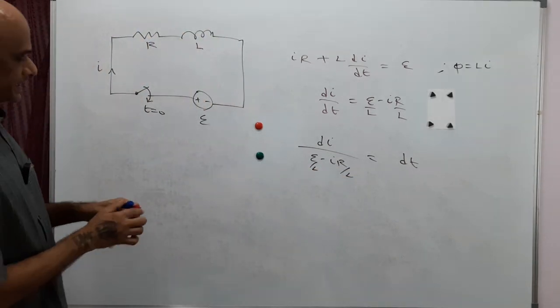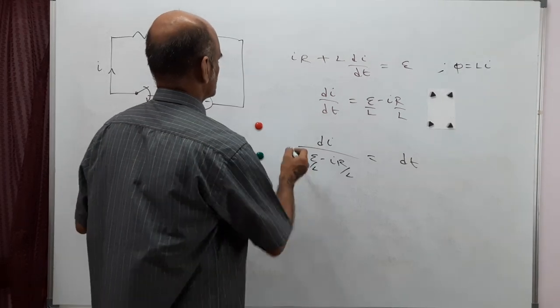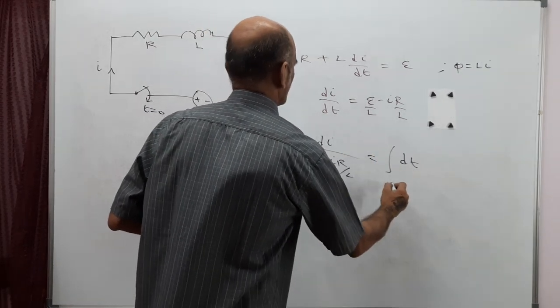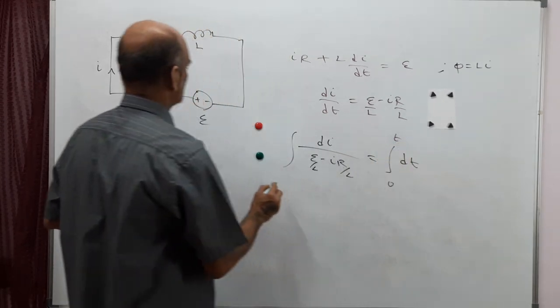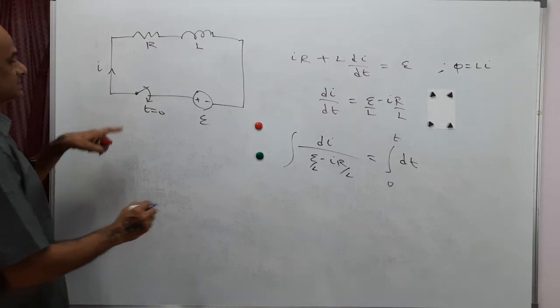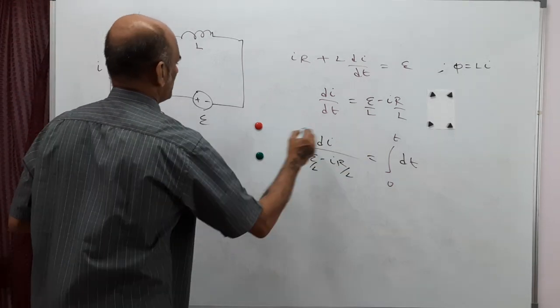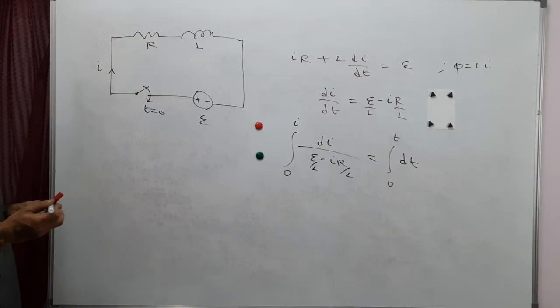Okay, so integrate both the sides during the time 0 to t, and the current at the time t equal to 0, or 0 minus, is 0, and at time t let it be I as a function of time.